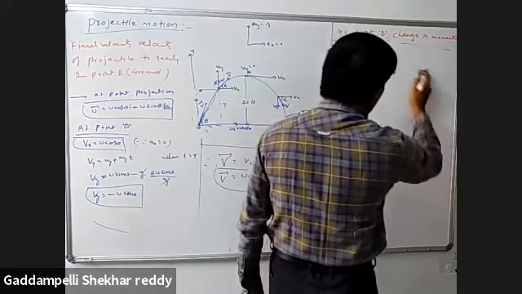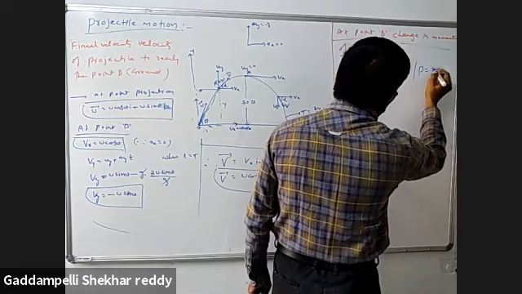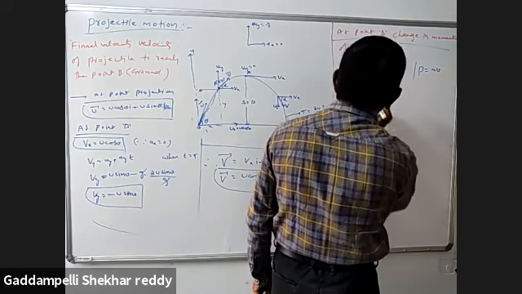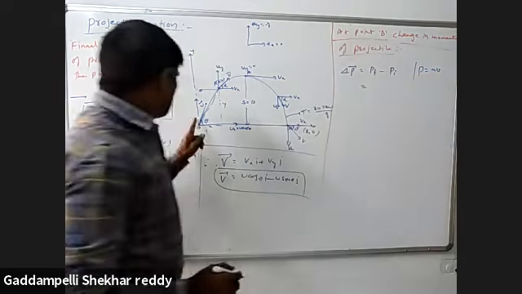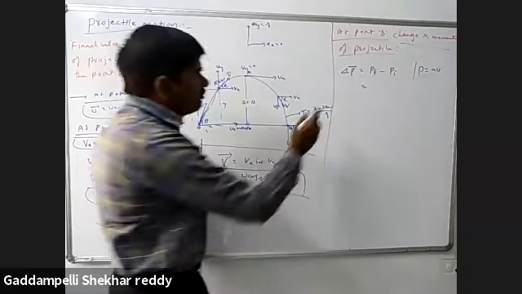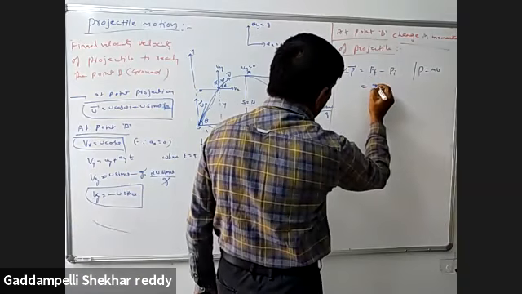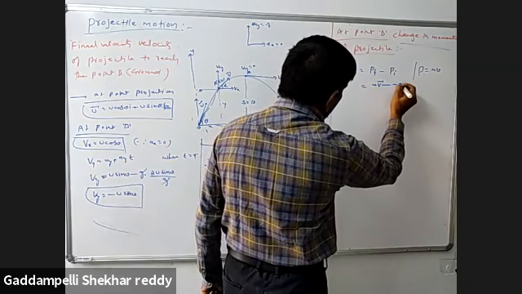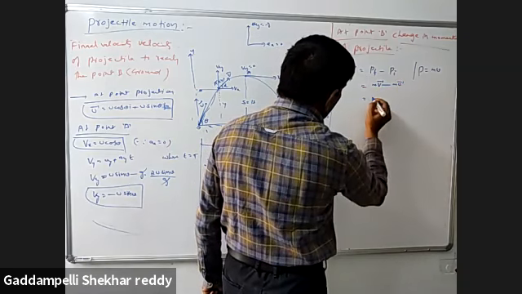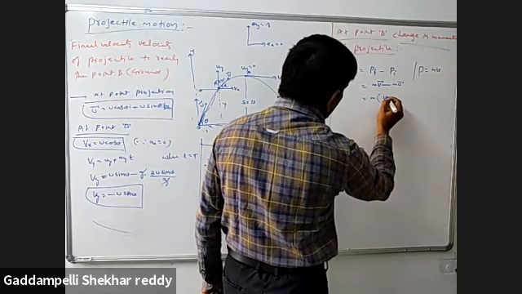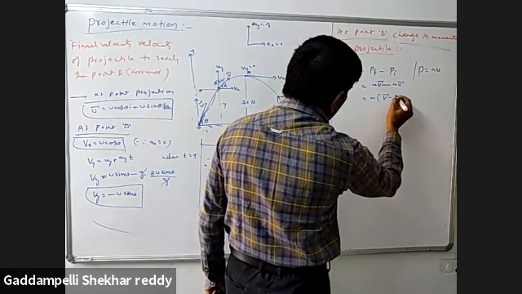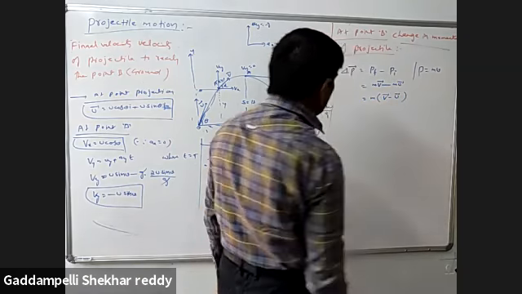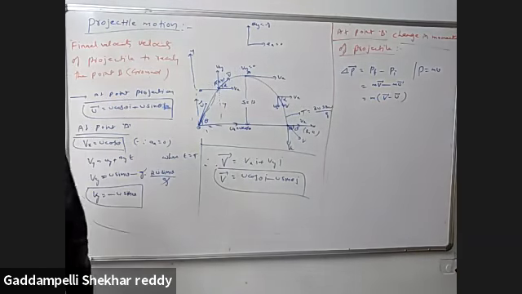We know that linear momentum P is equal to mass into velocity. Here the mass of the projectile remains constant. So final momentum m v bar, initial momentum m u bar. Here m is common: m times v bar minus u bar.